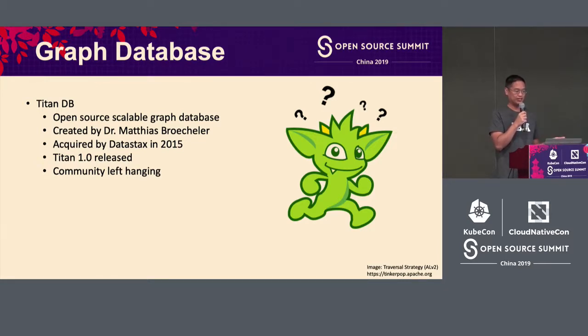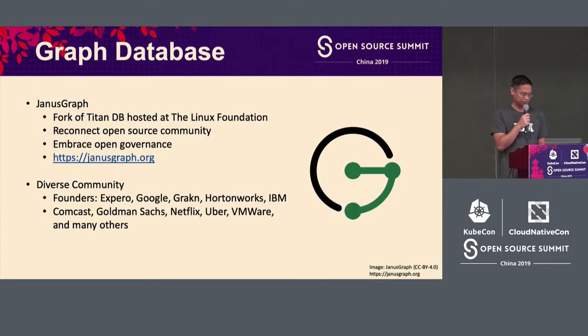And meanwhile, they released DataStax Graph 1. So the community was left hanging out there, not sure what to do. We knew, from being in the community long enough, that there were plenty of other companies out there in the same boat, using this great TitanDB product, and we wanted an alternative.